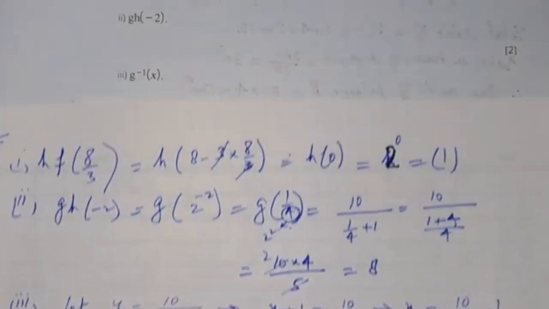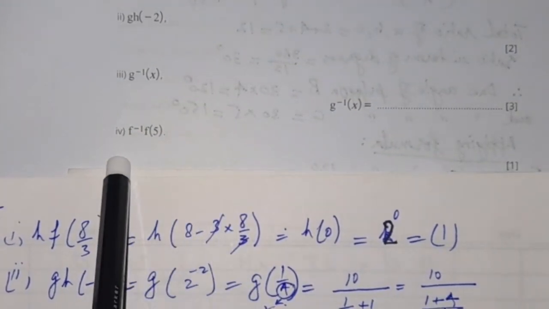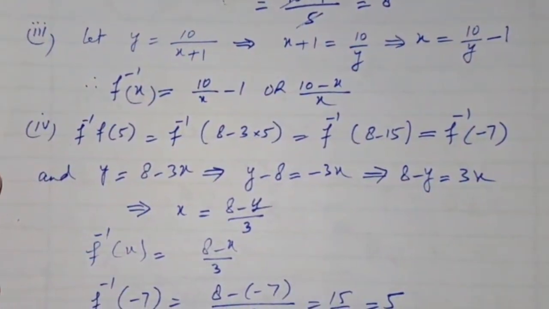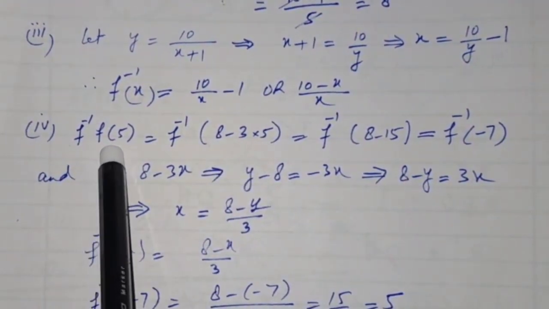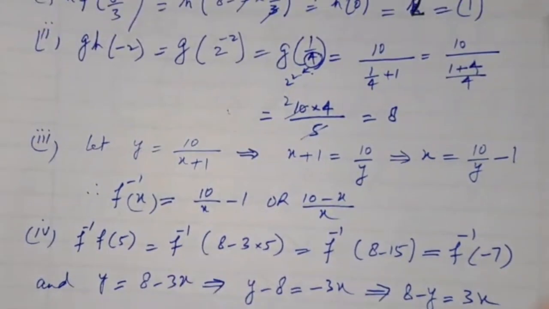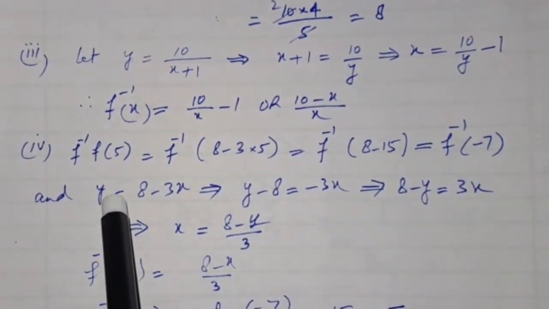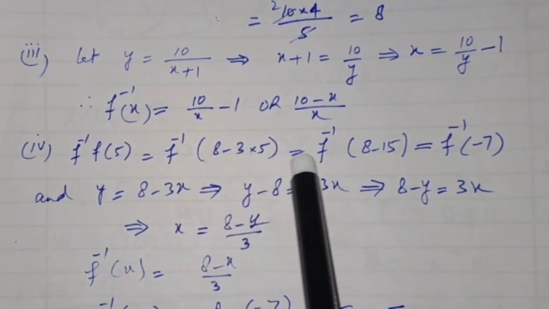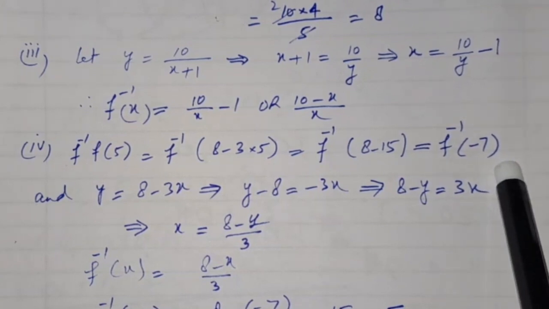Then we go to part 4 of the question, f inverse of f of 5. So first of all, we find out f(5). f was 8 minus 3x, so I write f inverse of 8 minus 3 into 5, which is 8 minus 15, f inverse of minus 7.